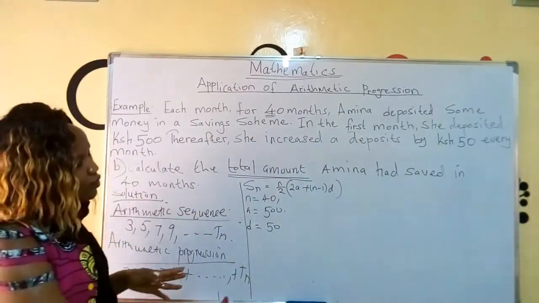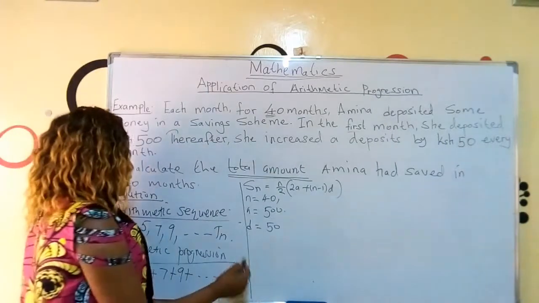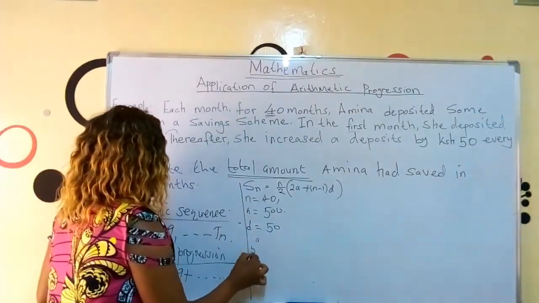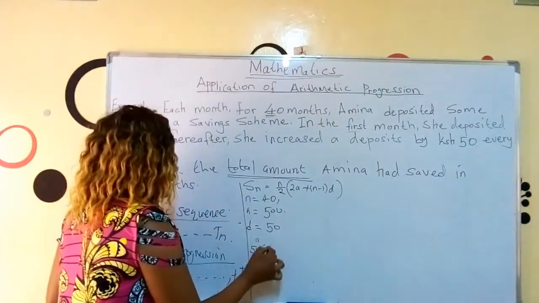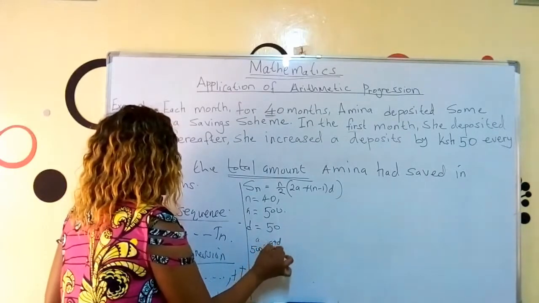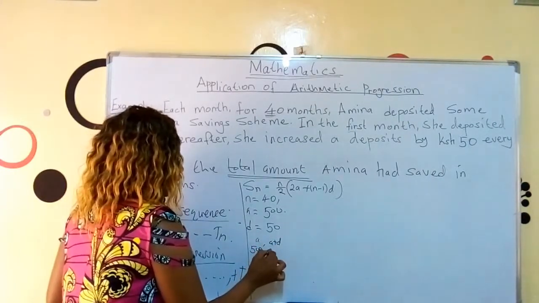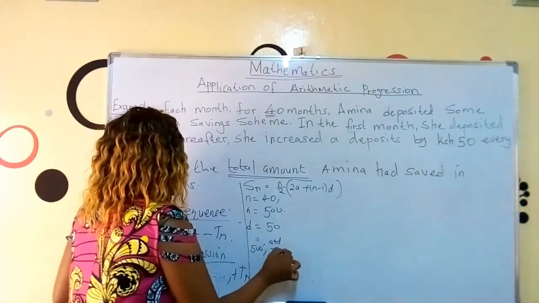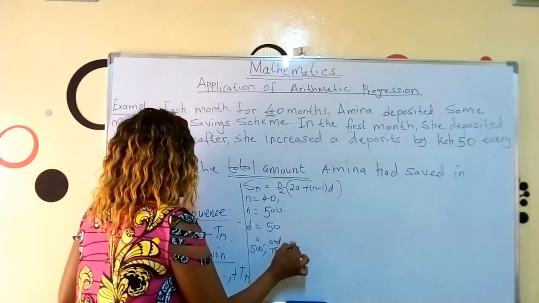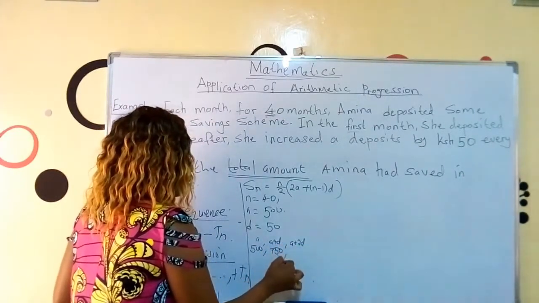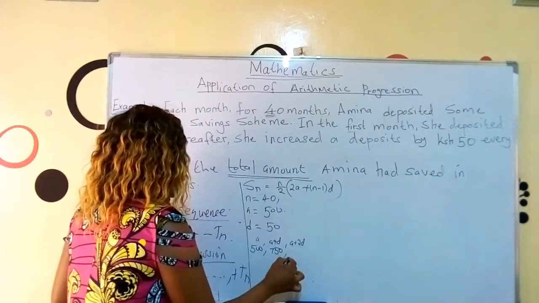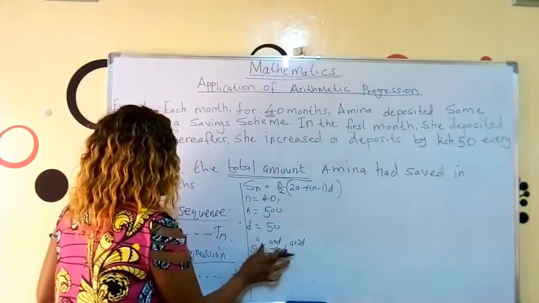So if we add all of them, the first term was 500. The second term, which is A plus D, was 550. The third one is A plus 2D, no, the D is 50 in this case.